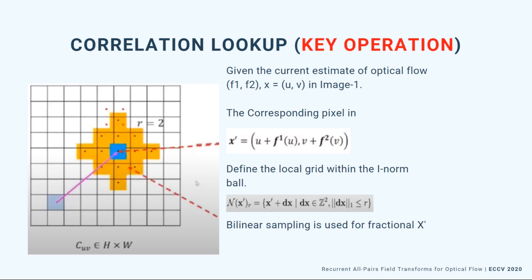Also, x prime can be a fractional number sometimes. So the black dots in the local grid can be fractional numbers. In this case, we need to do bilinear sampling.